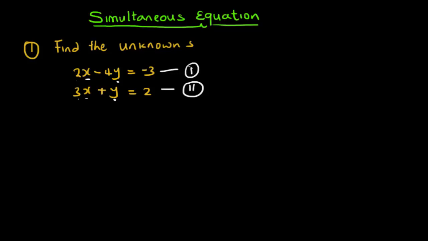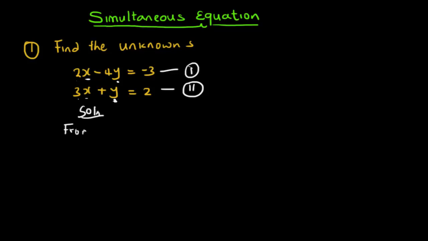Now when you are solving simultaneous equations using the substitution method, it's easier when you pick the equation that has one of its variables with a coefficient of either 1 or minus 1, because finding the subject of the formula becomes really easy. Now let's solve this. So we have the solution.